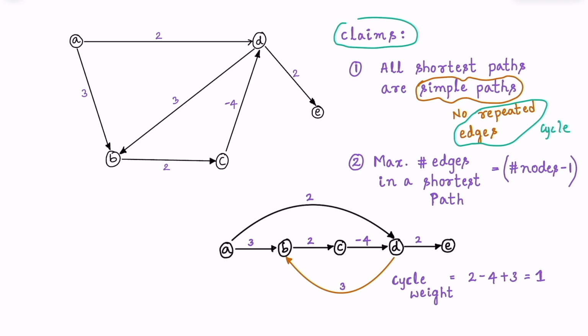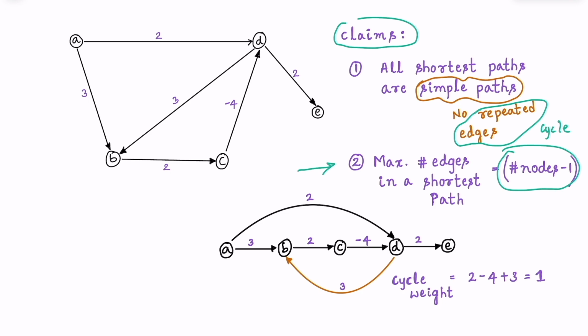And the second claim is the maximum number of edges in the shortest path will be the number of nodes minus 1. Because claim 1 already states that all the shortest paths are simple paths, that means there are no repeated edges or repeated vertices. So if we don't repeat any vertices, there are at most n vertices. So in a given graph, a shortest path can have at most n nodes.